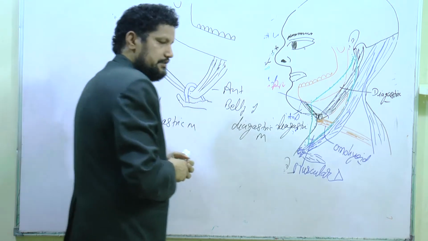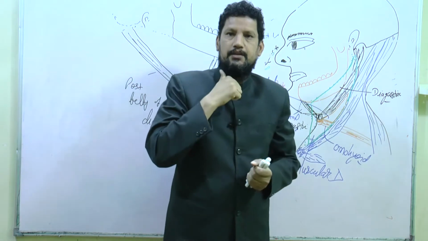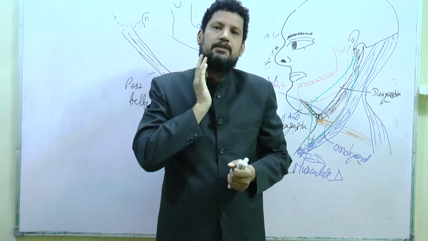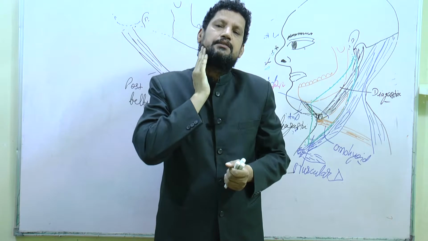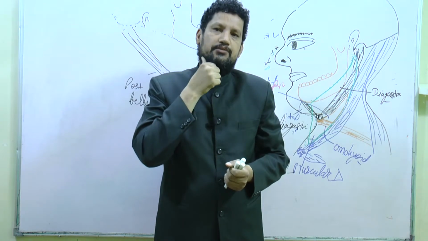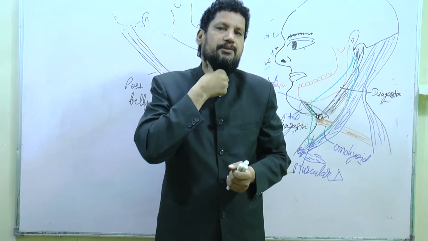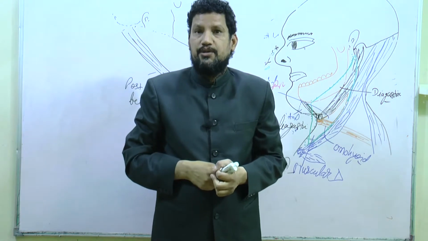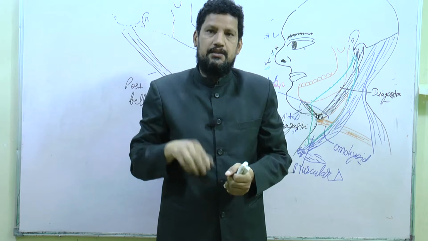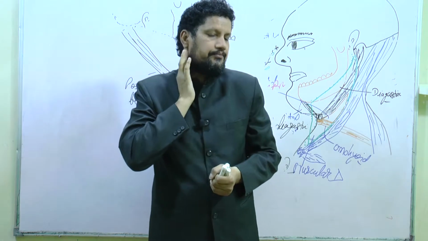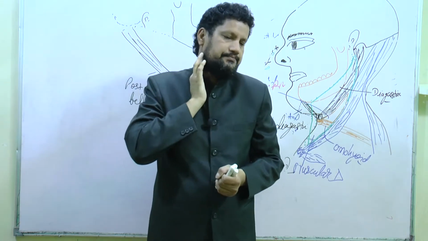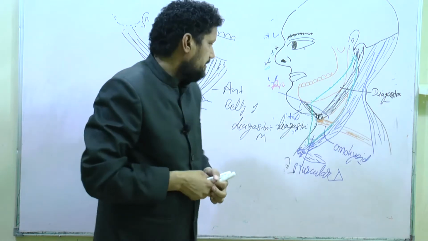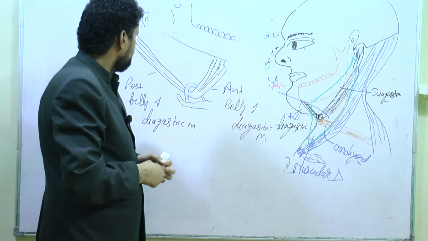The triangle is situated here, that is the posterior part of the base of the mandible, this part, and this part is specially named as the submandibular region, and the posterior part of the digastric triangle is related to the parotid region.